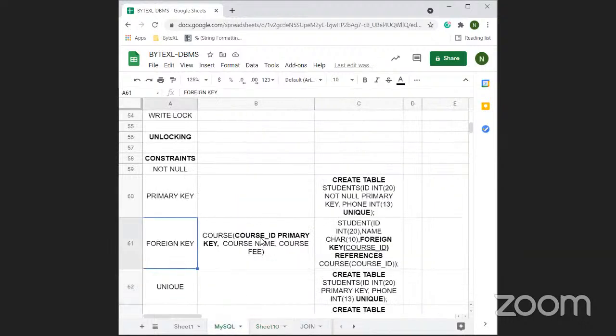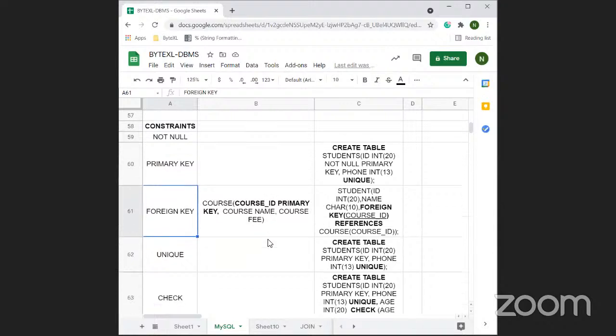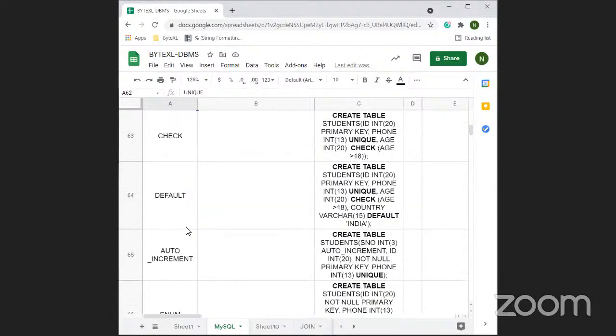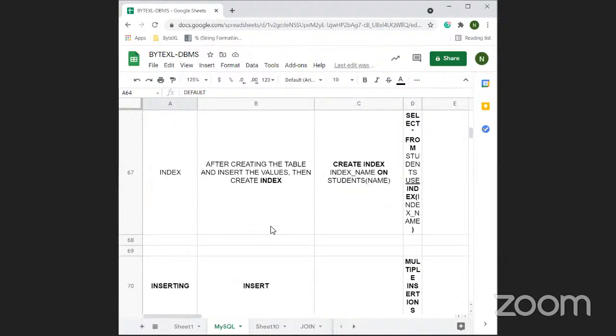Then foreign key, as I told, we will discuss that. It is one form of the key, which is again quite important. Unique we have seen. Check is for checking some condition. In some situations we will use where, in some situations we will use a check. Default, we can give some default values.